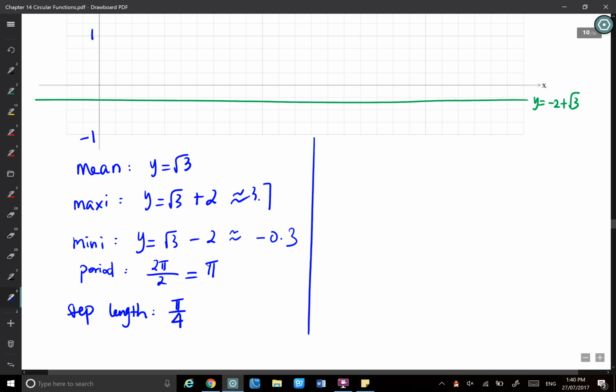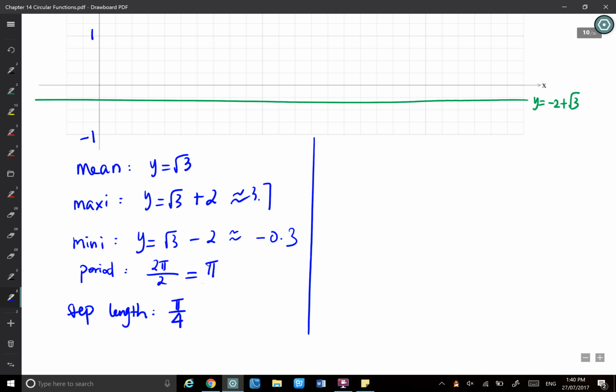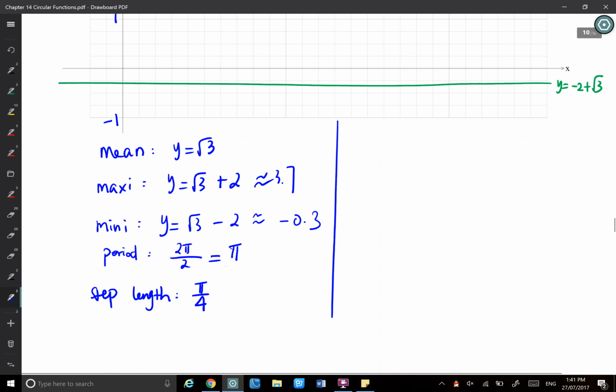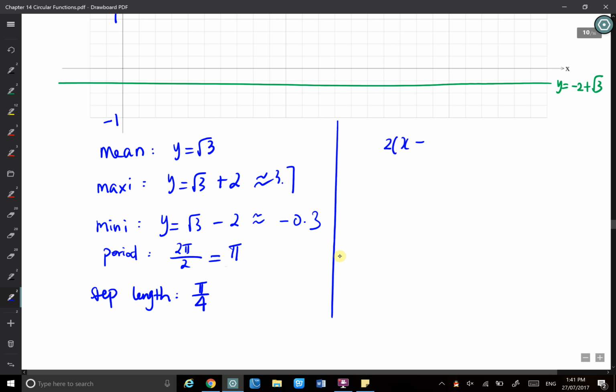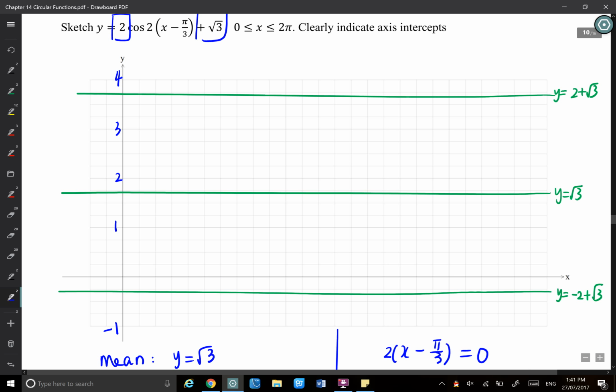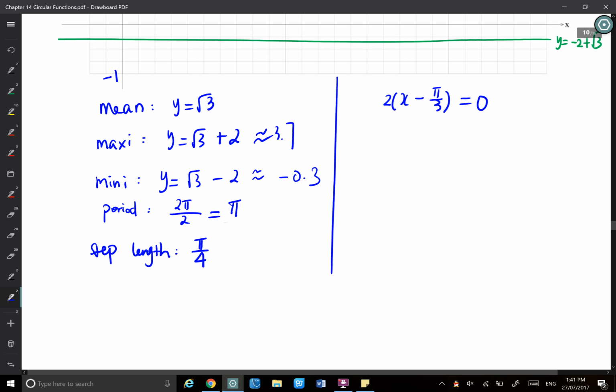Okay, next thing I want to know is a starting point. How can I find a starting point? I will make the angle equals to 0. 2 bracket x minus pi on 3. I will make that angle become 0.